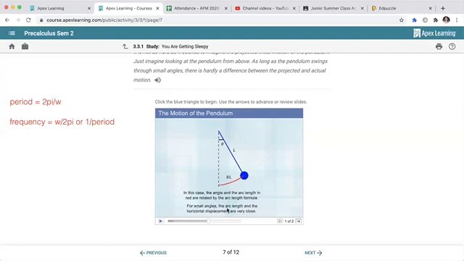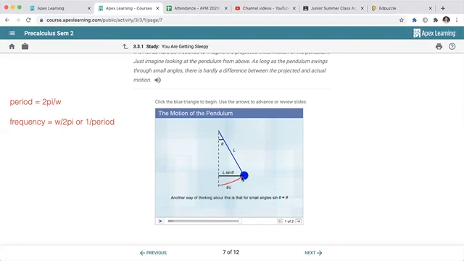Obviously, for small angles, the arc length and the horizontal displacement are very, very close. But as we get larger, it's going to play a drastic role. When we're dealing with small lengths, we can just assume it's about the same, which is really nice for us.